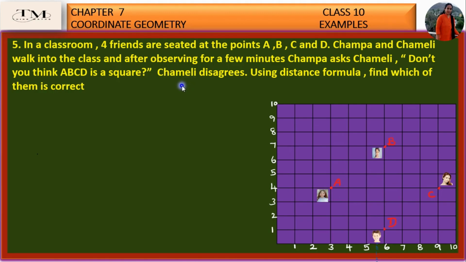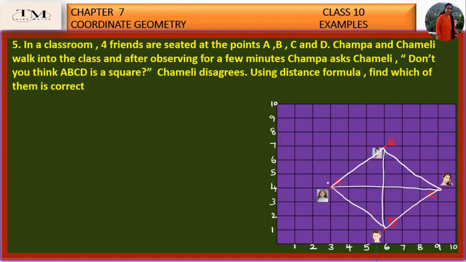We have to use the distance formula and find out the distance between AB, BC, CD, AD. So if they are equal, we have to check for AC and BD. If AC and BD are equal, then it forms a square.